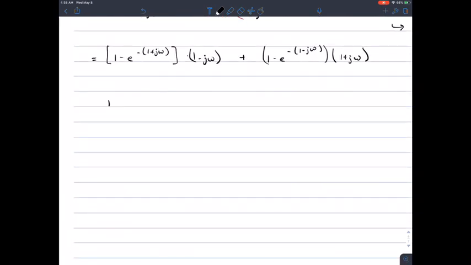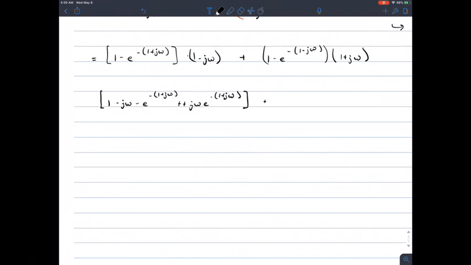So 1 times 1, that's 1. 1 times negative j omega, that's negative j omega. e to that times 1 is just that, so it's going to be negative e to the negative 1 plus j omega, minus negative j omega times e to the negative 1 plus j omega. We're just going to change those to plus signs, okay? This is the first one, which is done.